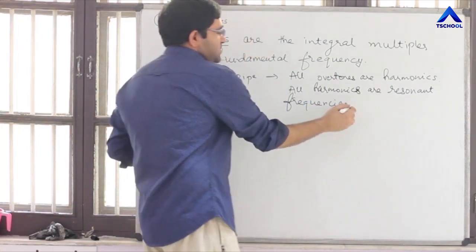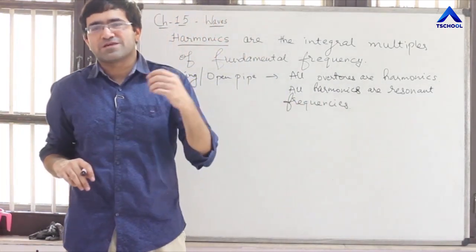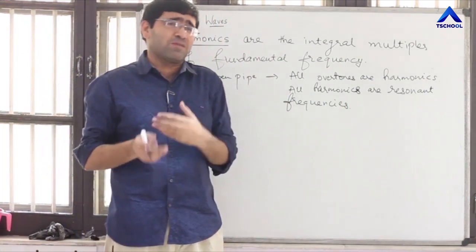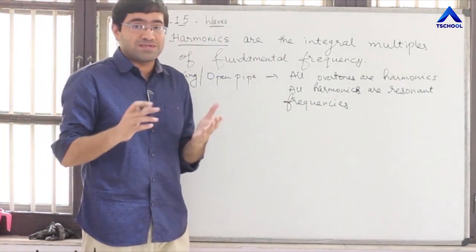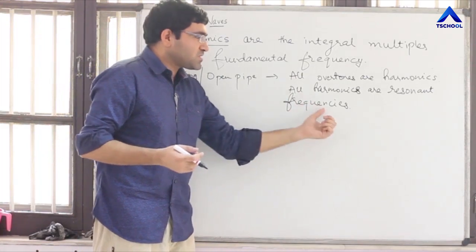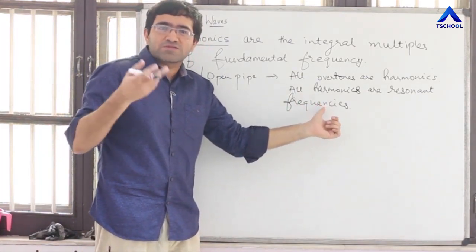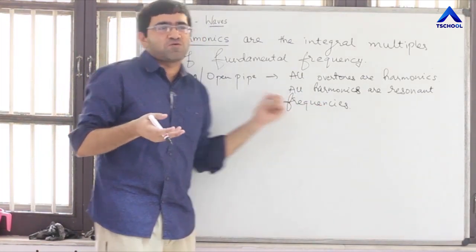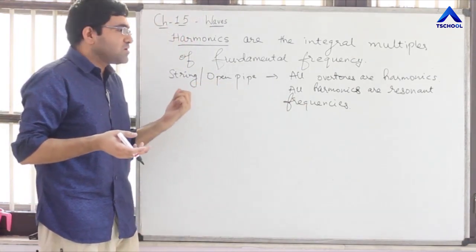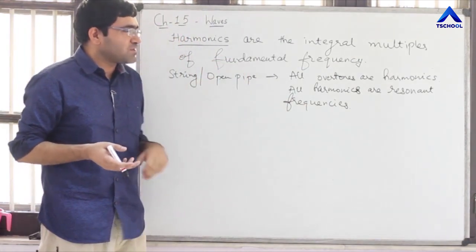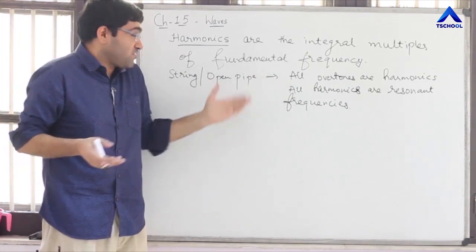So what this means is you can pick any harmonic that you want. Let's say the third harmonic, which is going to be 3V by 2L, 3 into V by 2L. It's going to be a resonant frequency. In fact, it's the second overtone, 3V by 2L for an open pipe or a string. So that's what these sentences tell you. So here the relation is fairly simple.